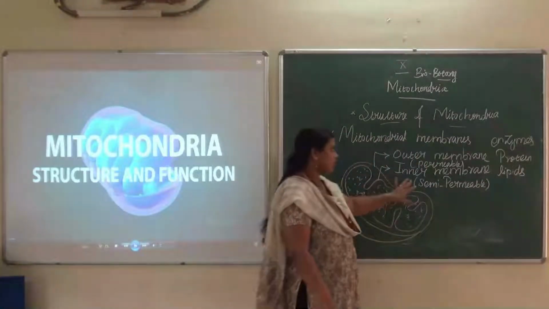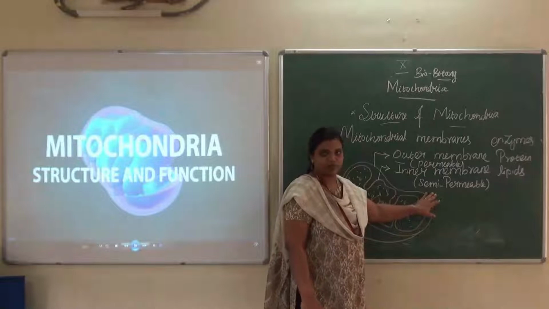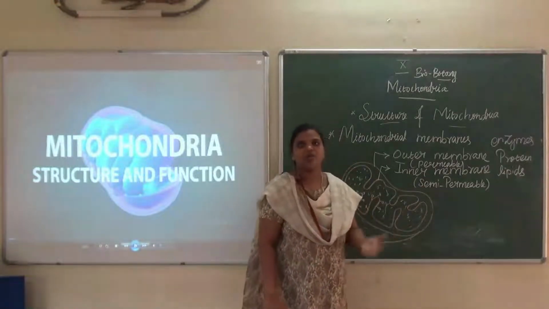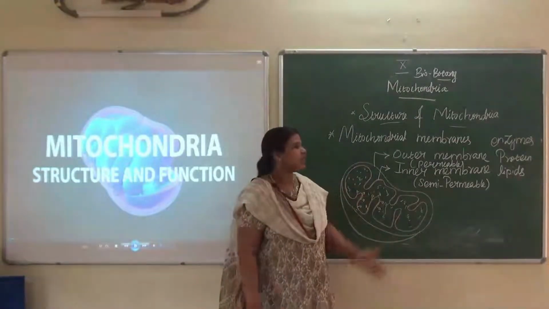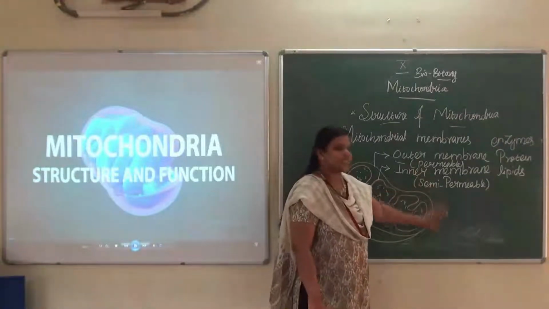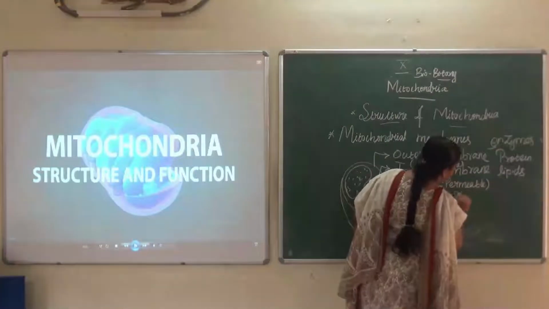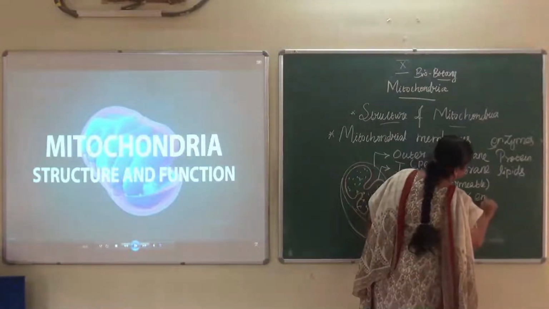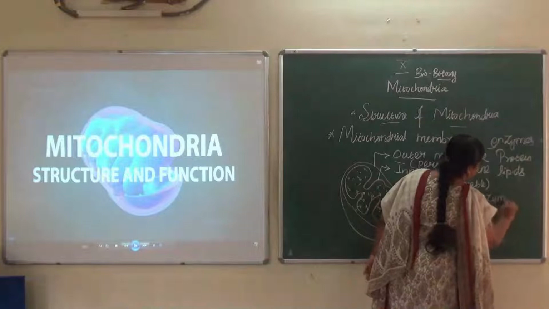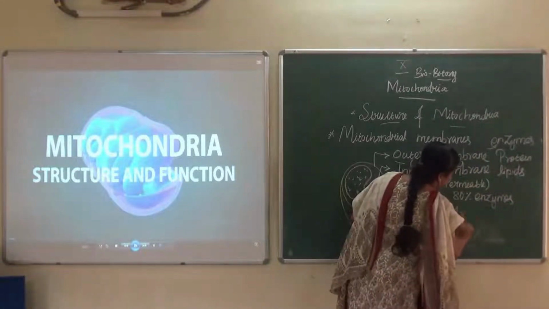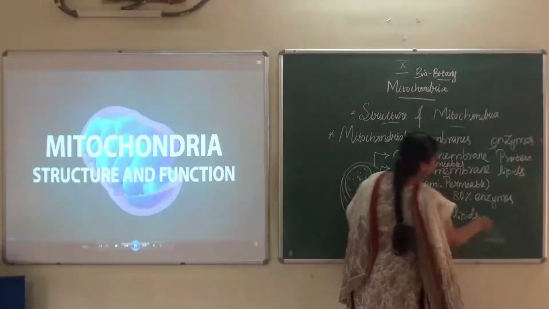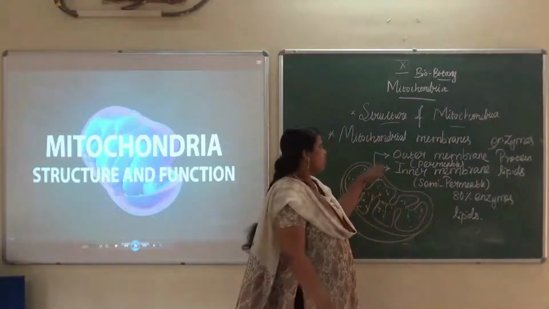The inner membrane is the semi-permeable membrane. It regulates the in and out movement of the cell molecules, and the inner membrane is made up of 80% enzymes and lipids.